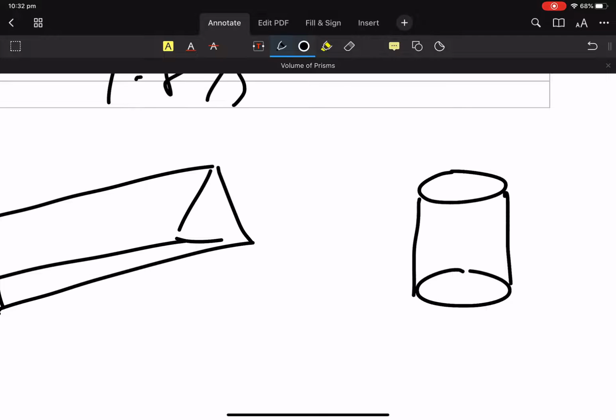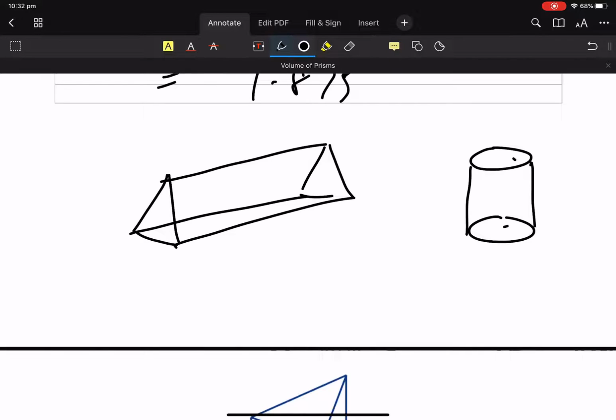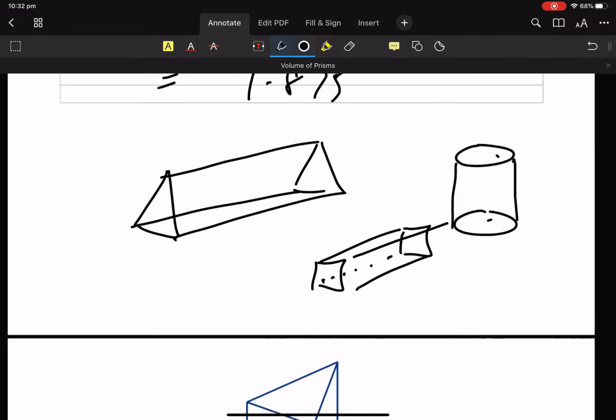So a can of soft drink is a prism because the circles on either end. I can have a square and a square, and I can join those sides. I know I'm not dotting, I should have dotted that because that's one you can't see. That's a tissue box. They're prisms because one shape's the same at either end.